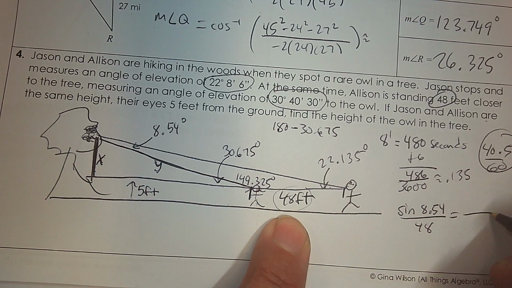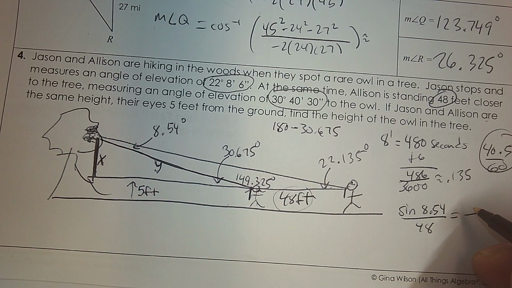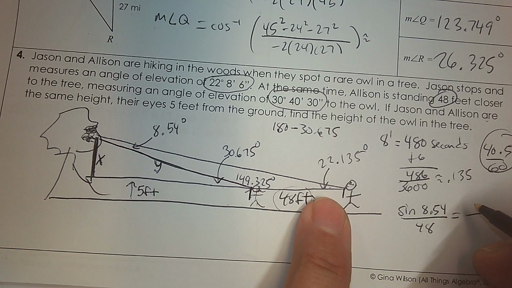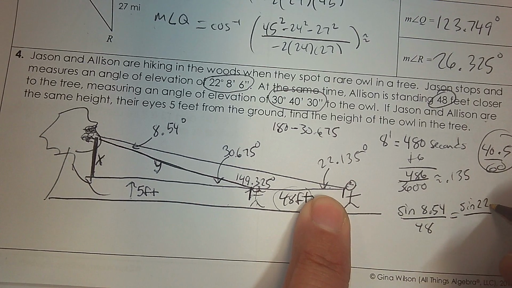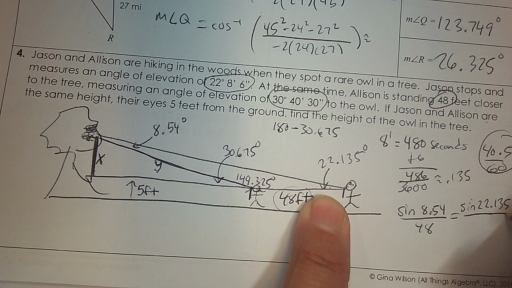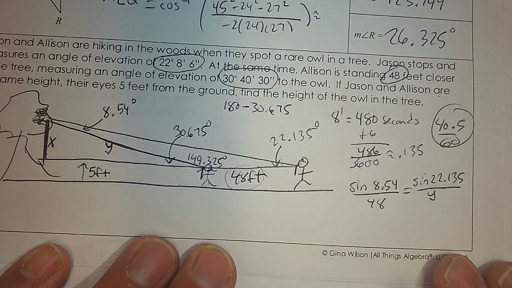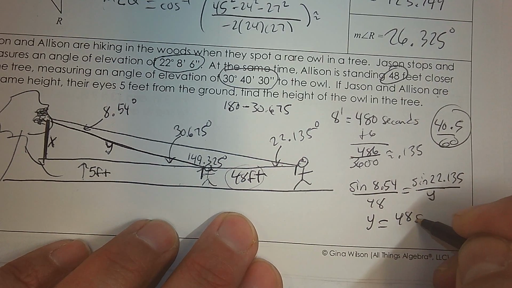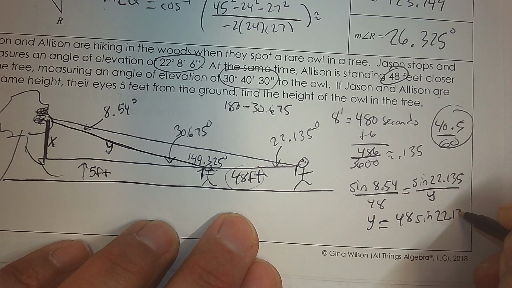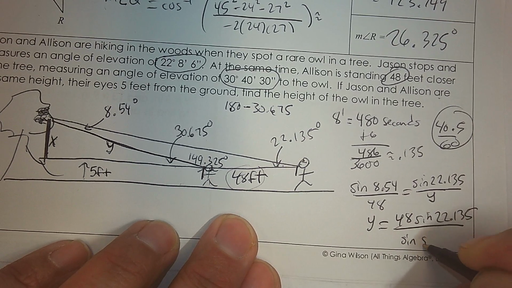So I want to find this long side, which is also the hypotenuse of the right triangle on the left. The angle opposite of that is 22.135. And I'm going to solve for y. So to get y by itself, it's 48 times sine 22.135 divided by sine 8.54.